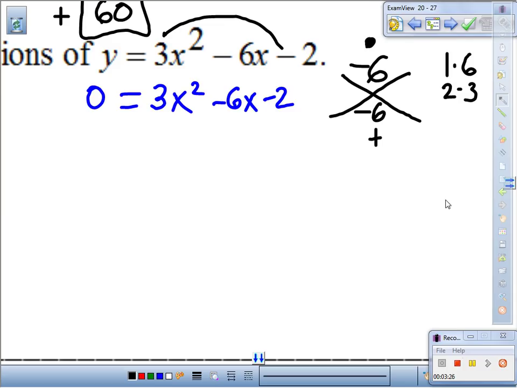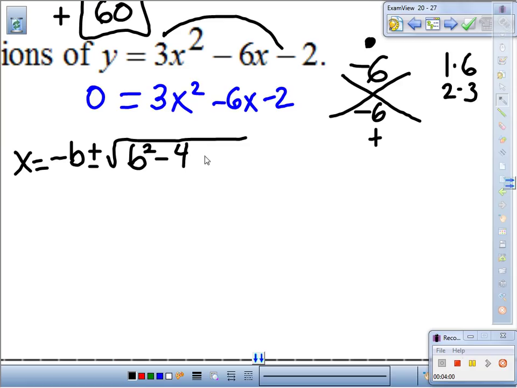So what other method can we use to solve this? The quadratic formula or completing the square. You can choose either one. I'm going to use the quadratic formula, yeah? All right. Quadratic formula is x equals minus b plus or minus square root of b squared minus 4ac, over 2a.